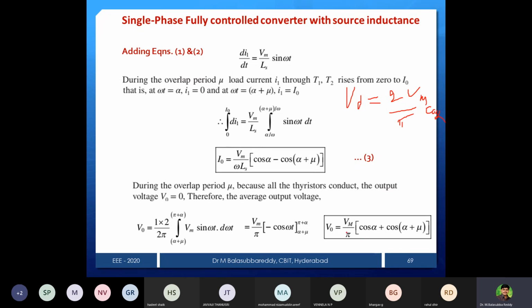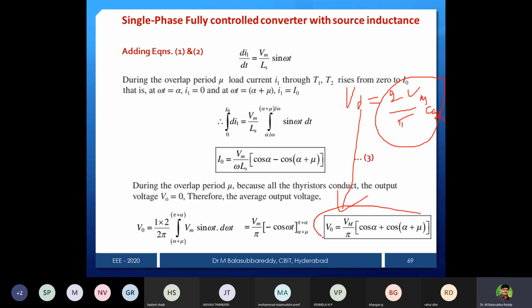Now what has happened? Vm by pi into cos alpha plus cos of alpha plus mu. Now I compare these two things. I want to make it in terms of 2 Vm by pi into cos alpha minus something. Then that minus portion I call a drop.